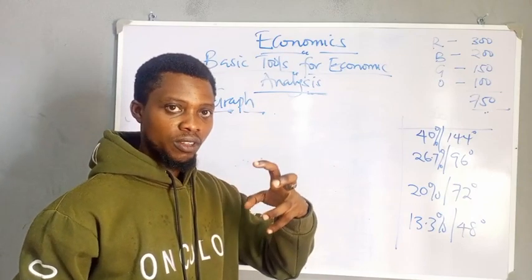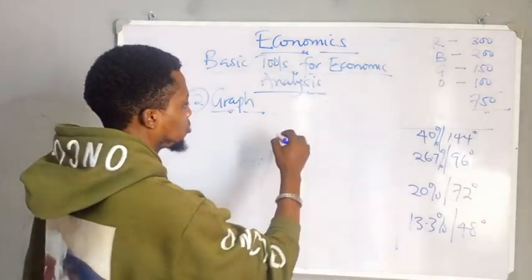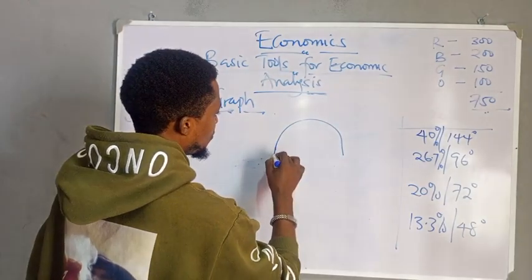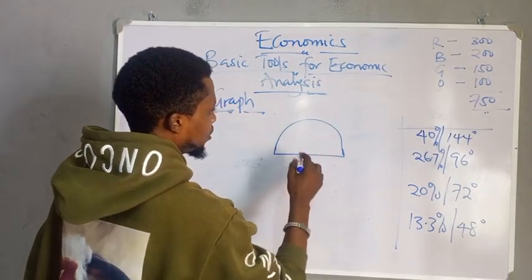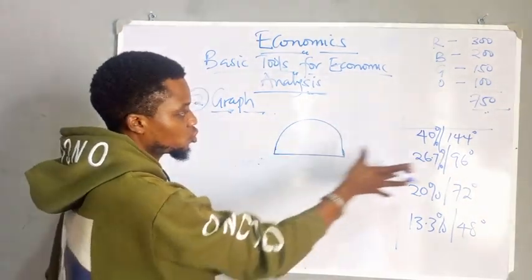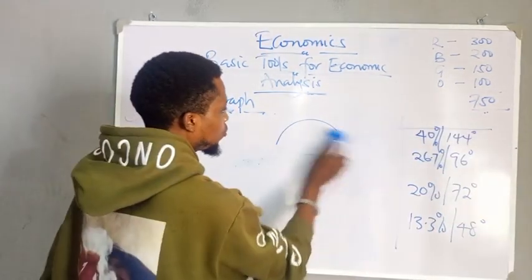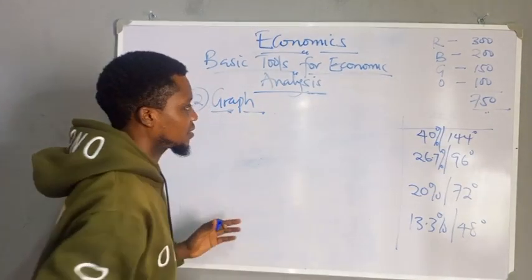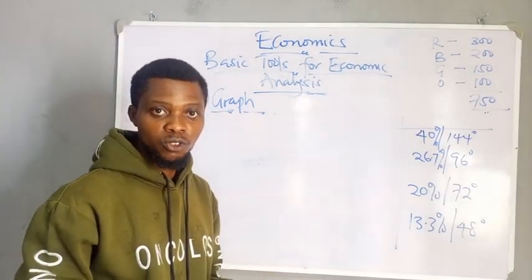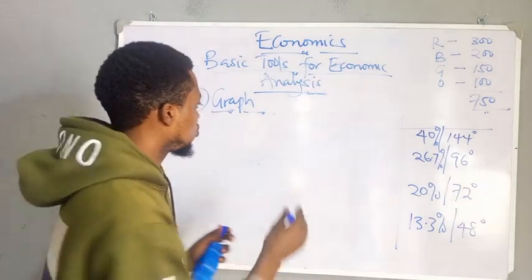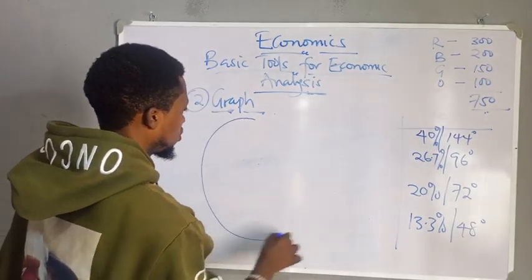That's the object in your math set. We use it to get our angles accurately. But for the purpose of this class, I don't have a protractor close to me here, so we are going to try a freehand sketch.